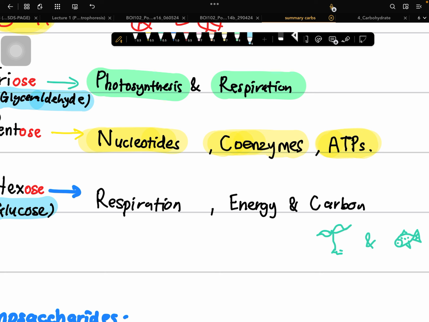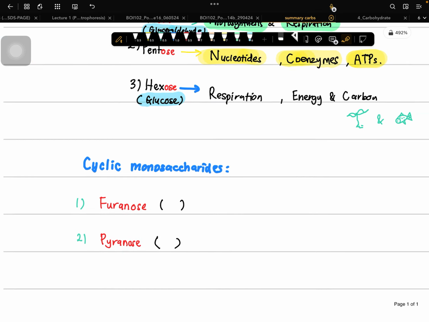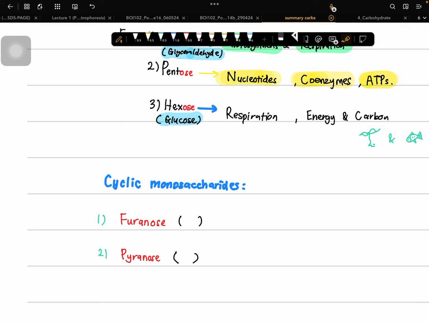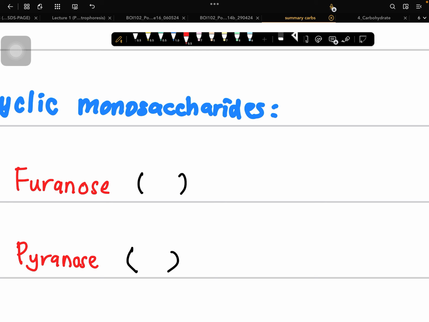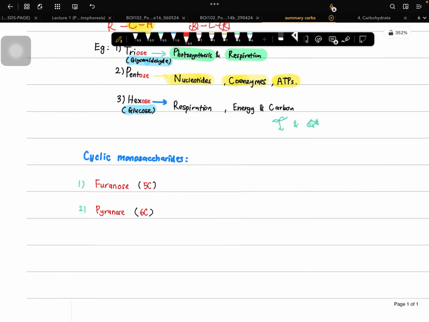They are substrates in the respiration process, and the main source of energy and carbons for most plants and animals. We have two examples of cyclic monosaccharides, furanose and pyranose. Furanose is a 5-carbon, and pyranose is a 6-carbon cyclic monosaccharide.